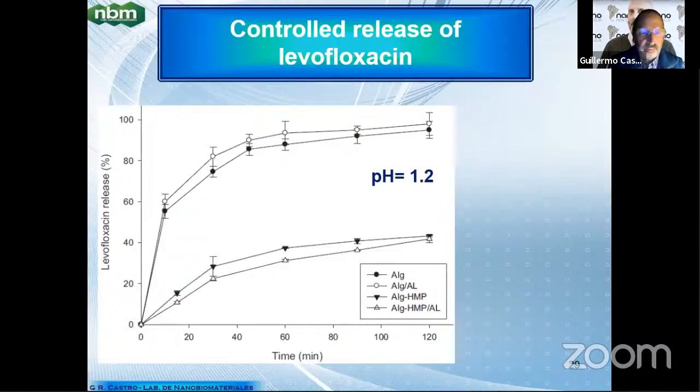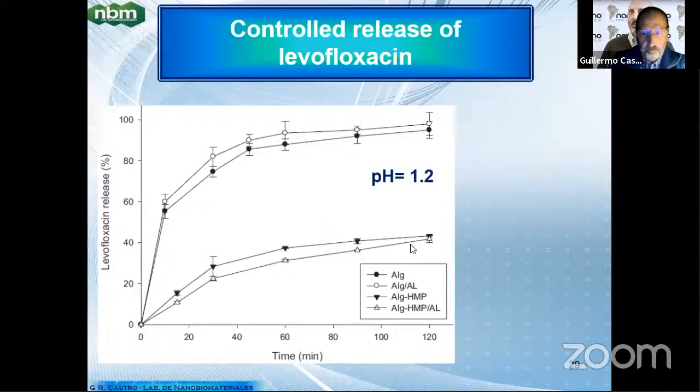But also from the point of view of drug delivery, it's very, very complicated, because they go across the stomach with a pH of 1.2. So we want to preserve the activity of the antibiotic and also the enzyme in this case. So at pH 1.2, when we put only alginate, it is totally hydrolyzed.